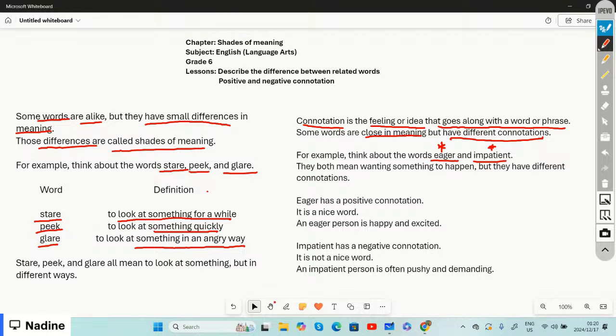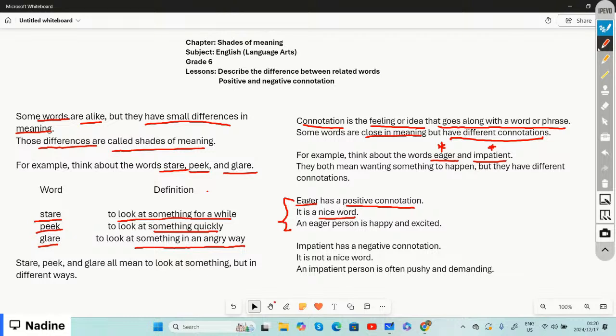And if we look at the first word, eager, like we said, both of these words mean you cannot wait for something to happen. You want it to happen. But the word eager has a positive connotation, meaning it's a nice word.